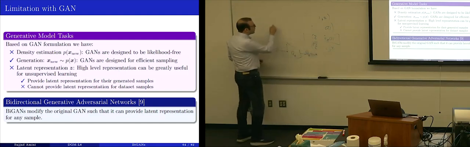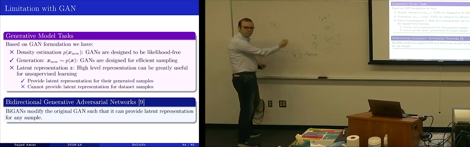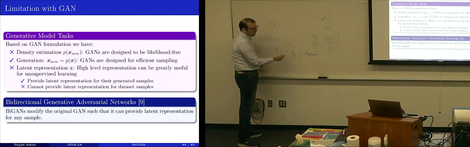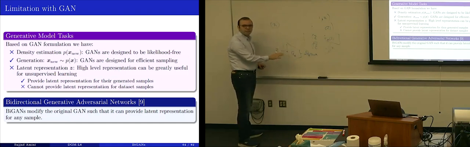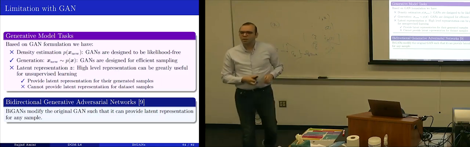But assume you are given an x from your true data distribution, how can you reverse this process? This process is not reversible because it is not one-to-one. It is a very complex neural network, and you do not have invertibility here, similar to flow models.